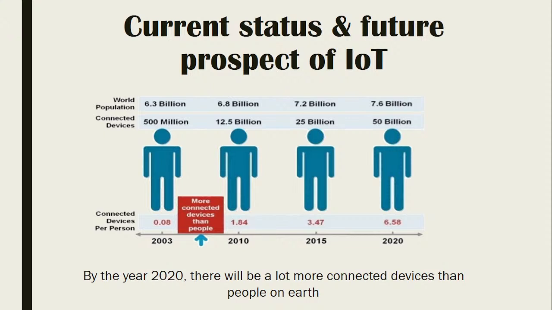So it became essential that these devices be connected to the internet for various purposes. That is one of the major reasons why Internet of Things emerged, the number of connected devices. This is the ratio of connected devices divided by world population: 6.58, 3.47, 1.84, 0.08.